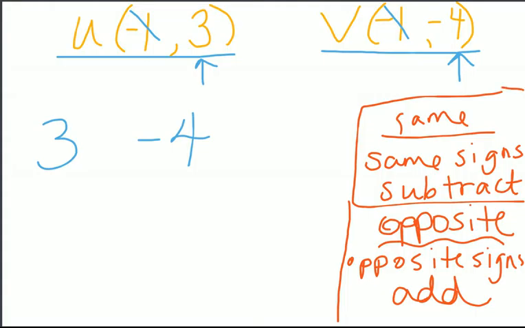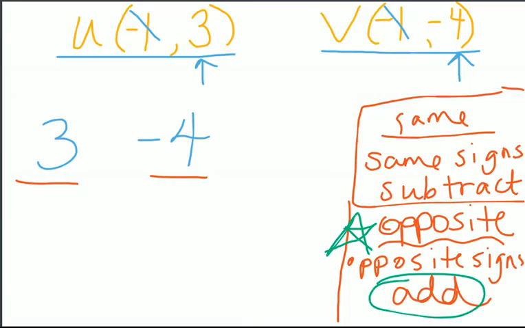Now let's decide if 3 and negative 4 are on the same side of the axis or on opposite sides. Let's look at their signs. 3 is positive and 4 is negative. Okay, so they have opposite signs. What does it tell me to do with opposite signs when they're on opposite sides of an axis? It tells me to add. My rule tells me to add.